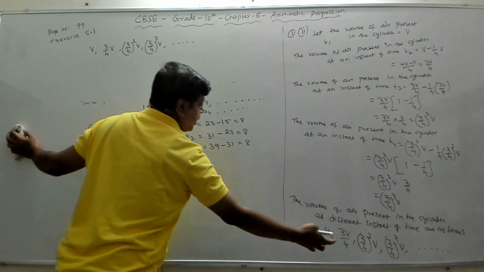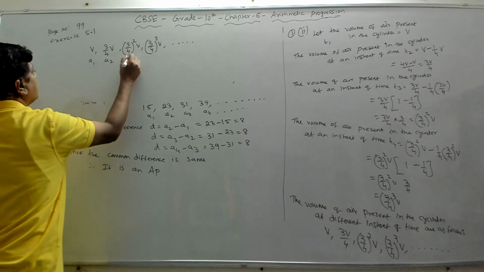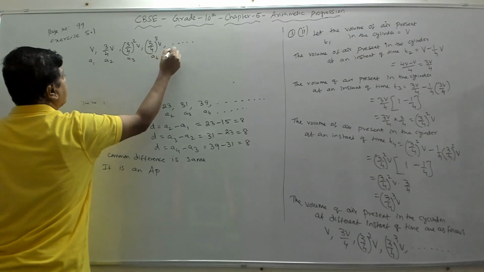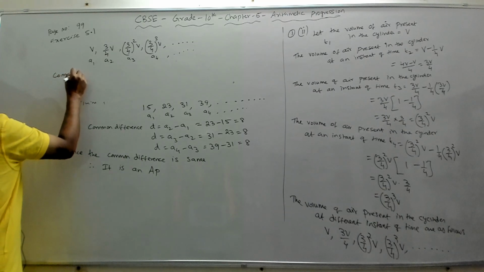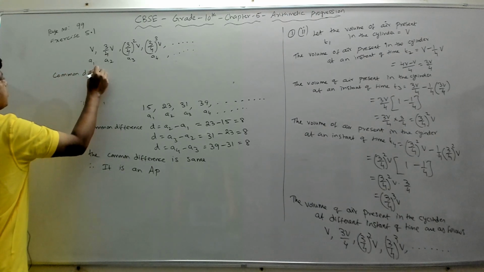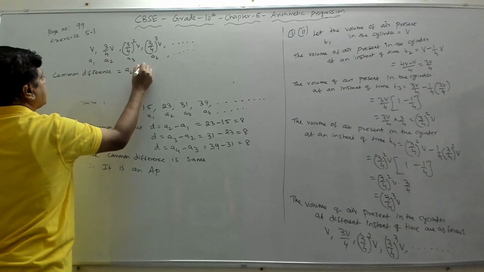Now we should check. So this is your A1, A2, A3, A4 and so on. Let's try to find the common difference. What is common difference between the terms? Common difference is A2 minus A1.